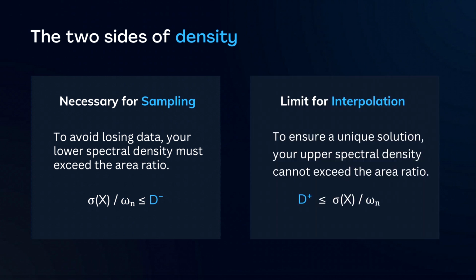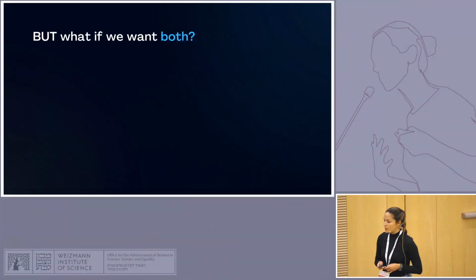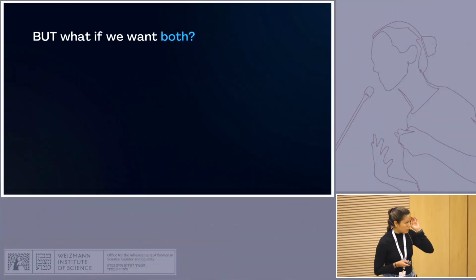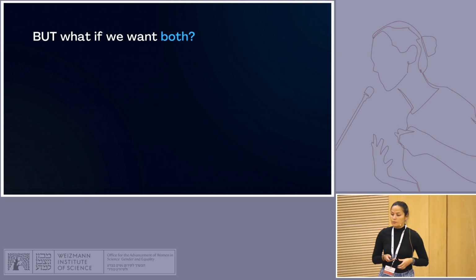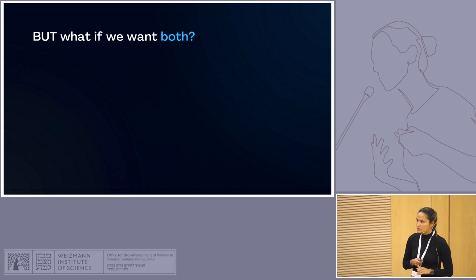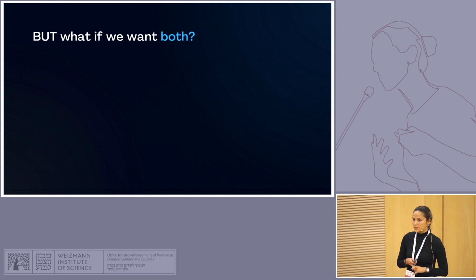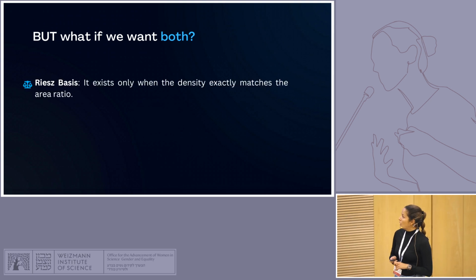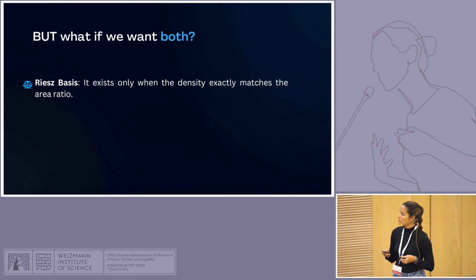And the second study tells us about interpolation, to guarantee a unique solution. Your upper spectral density cannot exceed the same quotient. But what if we want both? What if you want interpolation sets and sampling sets at once? Mathematically, that is exactly what we want.